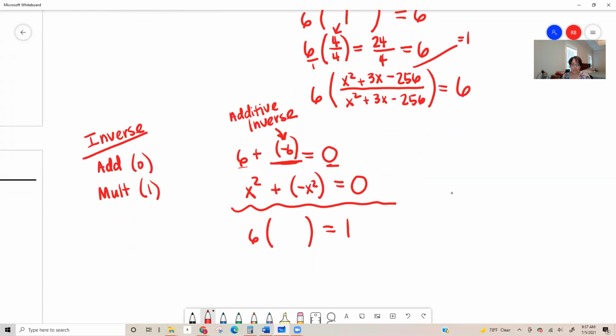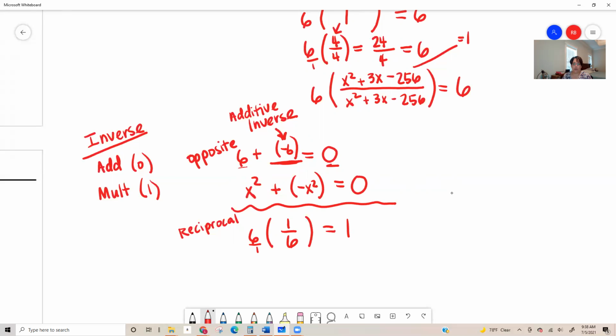And this one, you know as the reciprocal. Okay, the addition part is opposite. The multiplication part is reciprocal. So the reciprocal of 6 is, if you make it into a fraction, you just flip that fraction over.